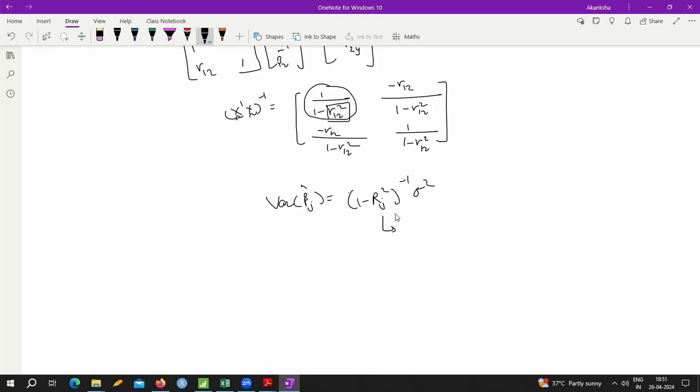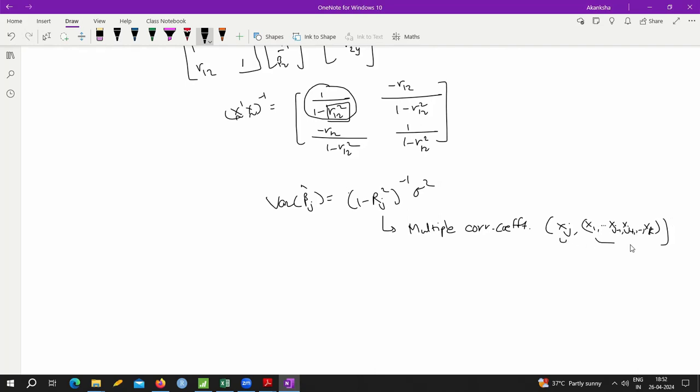So rj square is the multiple correlation coefficient between xj and the remaining, that is x1, x2, up to xj minus 1, xj plus 1, up to xk on the other side.